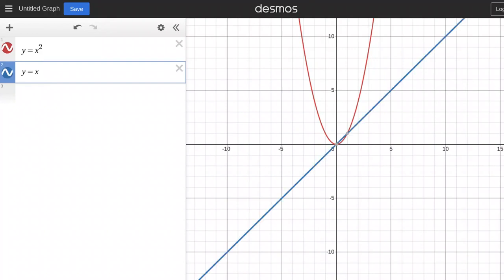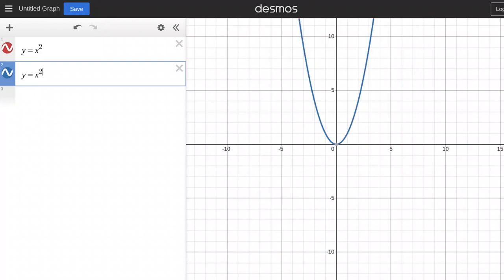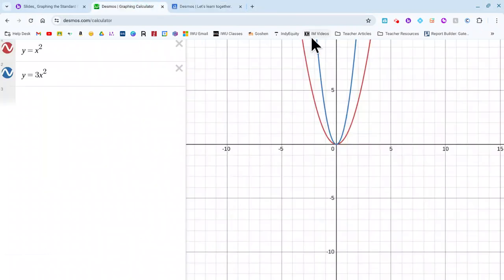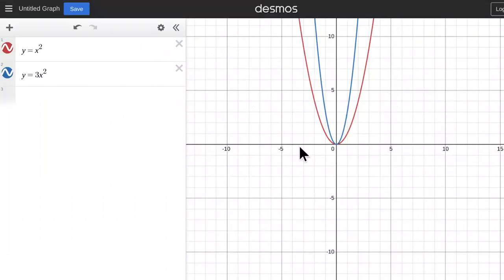So again, I've got my y equals x squared. And we're going to go ahead and put numbers bigger than 1 in front of our x squared. So for example, here is 3x squared. Just to make sure we understand what we're looking at. The red line is our starting point. Y equals x squared, and then y equals 3x squared is that blue line. Let's do a couple more.